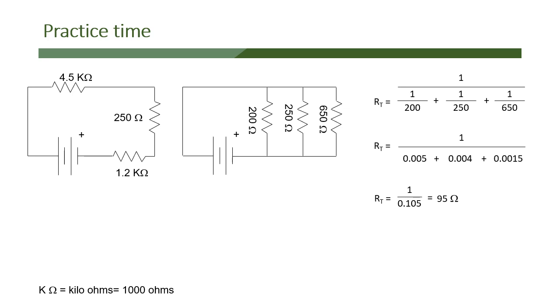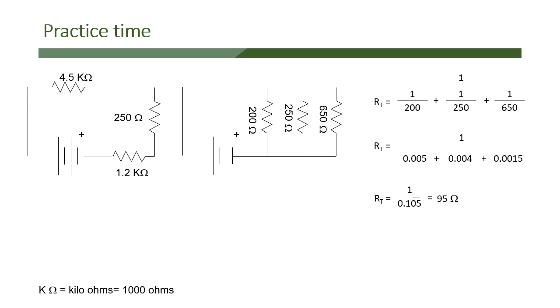We're going to add those lower numbers together. We're going to get 1 over 0.105, which is 1 divided by 0.105. That'll give us 95 ohms. So the equivalent resistance of those three together is 95 ohms. You can replace all three of those with a 95 ohm resistor, which will then be the series equivalent resistance.